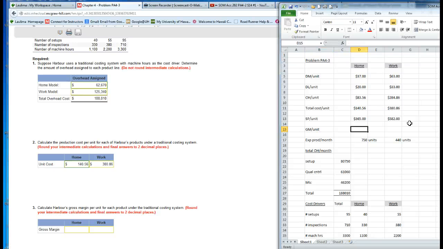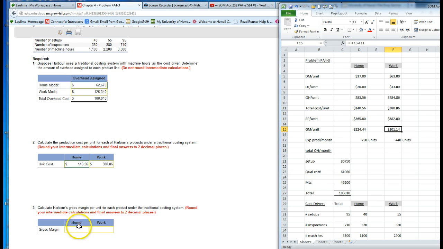And again, what we need to do here is take our selling price and subtract our cost. And I think we should be able to copy that formula over. And let's see if those two answers are going to work for us.